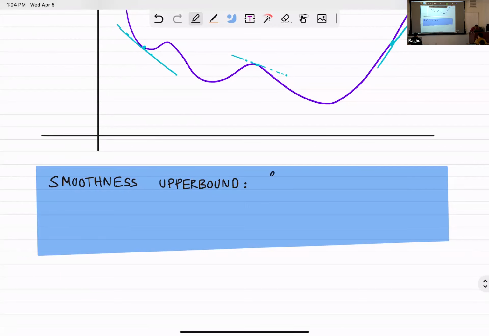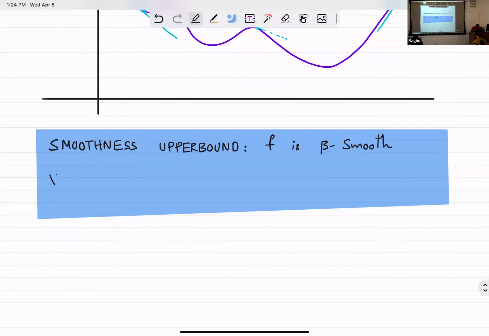So in particular, let's do it for the univariate case. I have a univariate function, so I'm just dealing with derivatives.